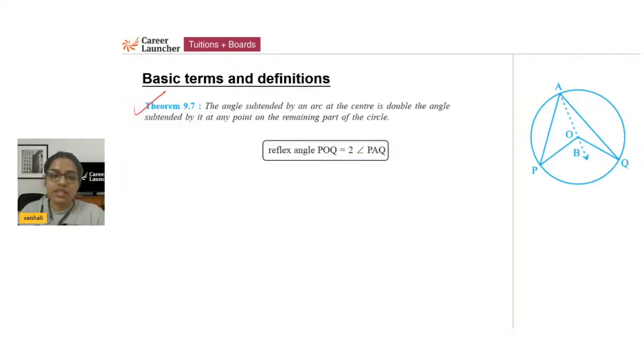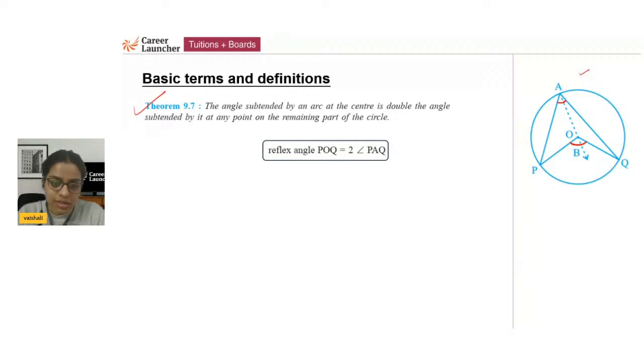So for instance, if you are having a circle like this, then you can see that my angle POQ, can you see this angle POQ, is twice the angle PAQ. So if you are having any angle formed by an arc, it will always be double of the other. Okay? So this is the very first important theorem that you must remember.